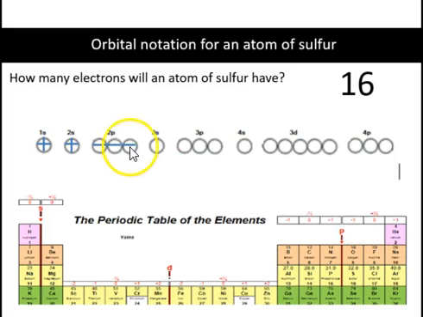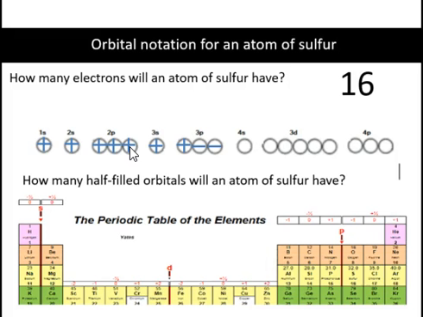All the negative electrons are placed in the orbitals before coming back and pairing. This is oxygen, fluorine, neon, sodium, magnesium, aluminum, silicon, phosphorus, and finally sulfur. So that is the orbital notation for sulfur.